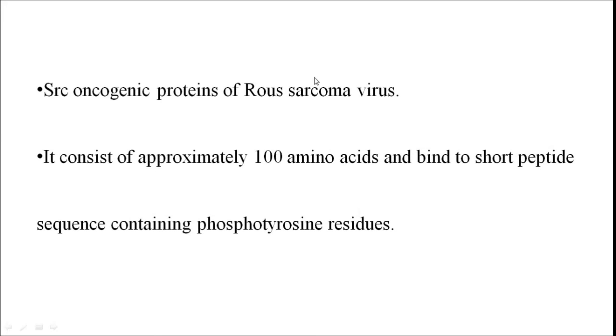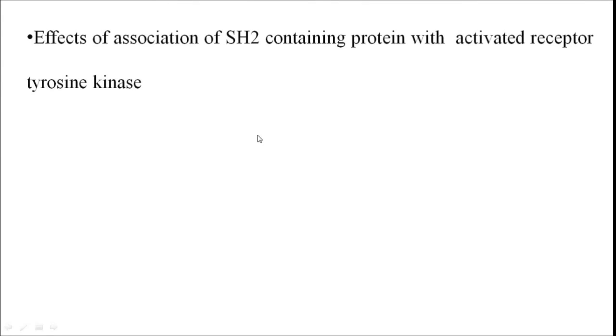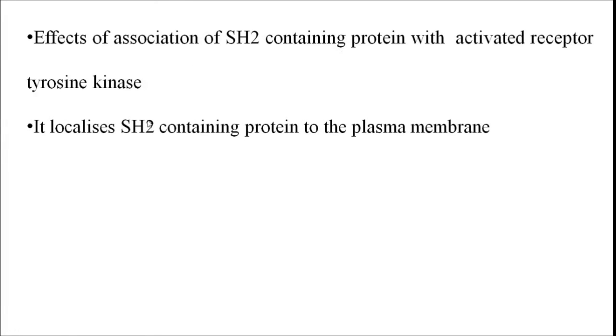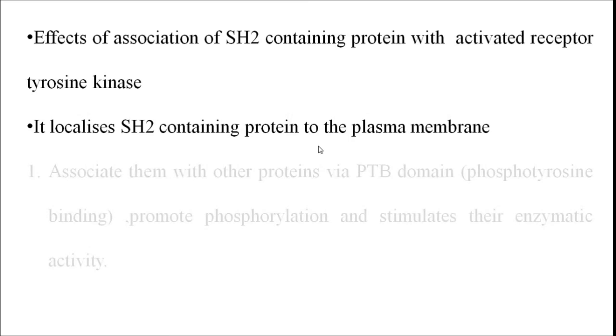This SH2 domain mainly consists of approximately 100 amino acids, and this short peptide sequence mainly binds phosphotyrosine residues, and these tyrosine residues help in the activation of the receptor tyrosine kinase. Once the SH2 domain is associated with the activated receptor, the first stage is the localization of this SH2-containing protein to the plasma membrane.